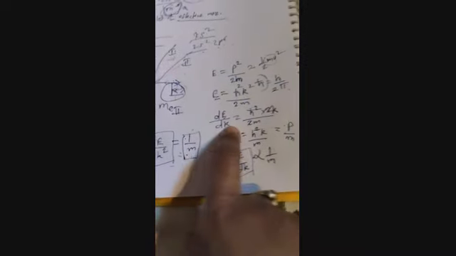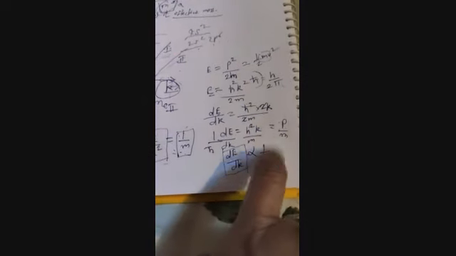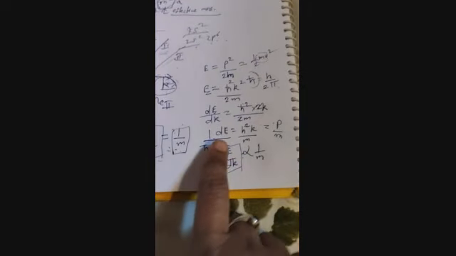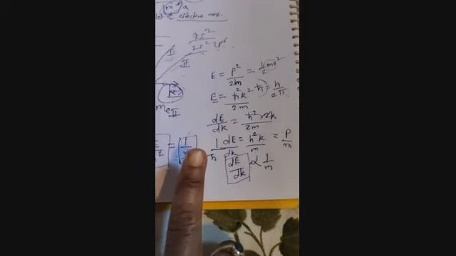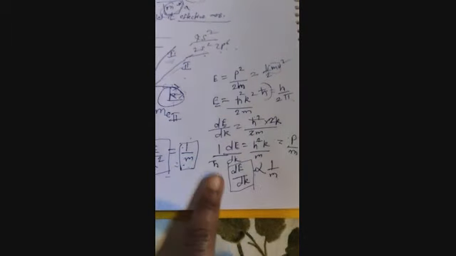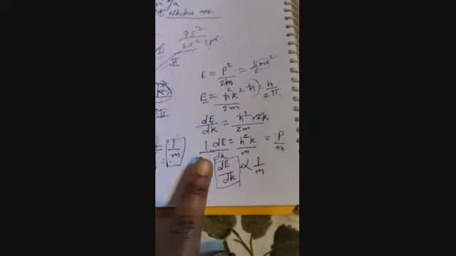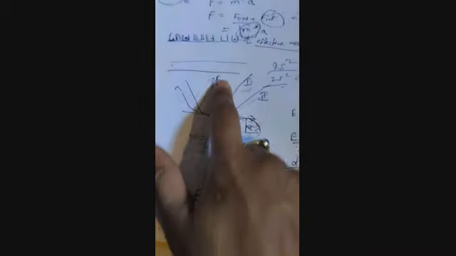So from here I can see that dE by dk is inversely proportional to mass, that is, proportional to 1 by m. It means that the gradient of the E-k diagram is inversely proportional to the mass of the electron. So now you can see here that the E-k diagram is shown, and there are two curves.